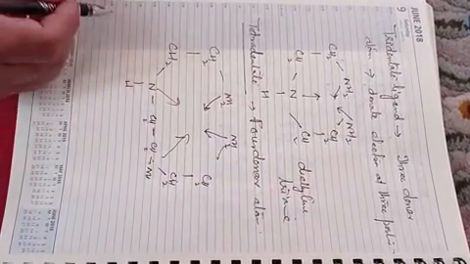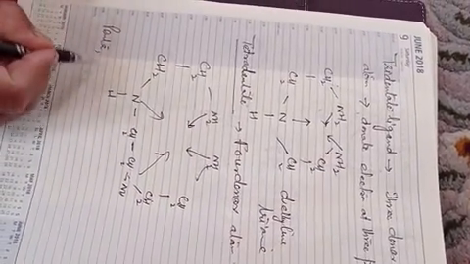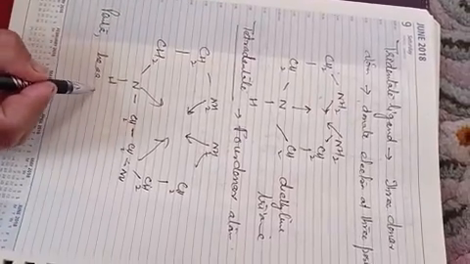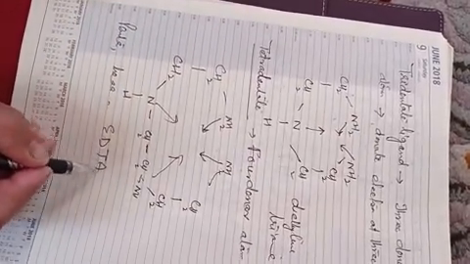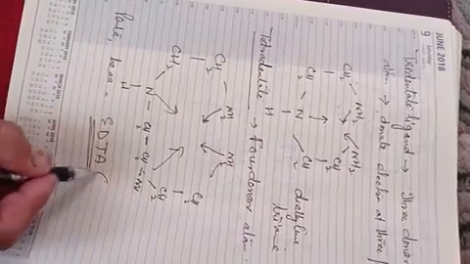Similarly, there can be pentadentate ligand, there can be hexadentate ligand. For example, EDTA is a hexadentate ligand.